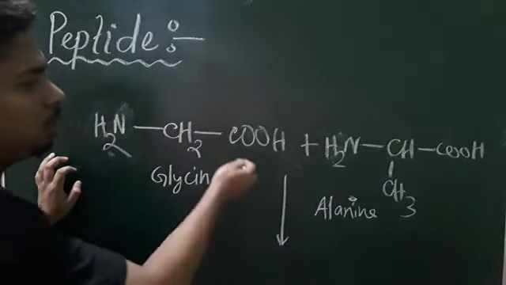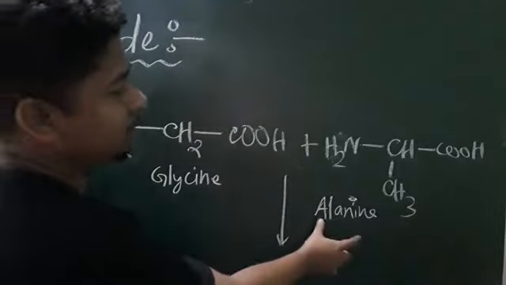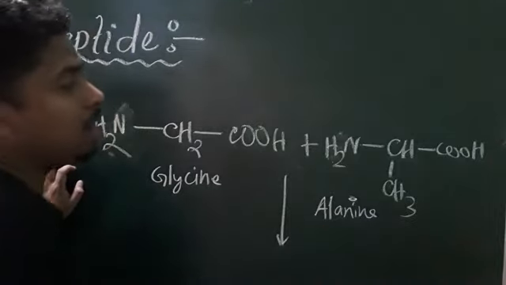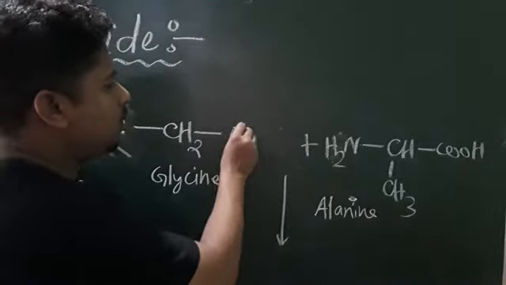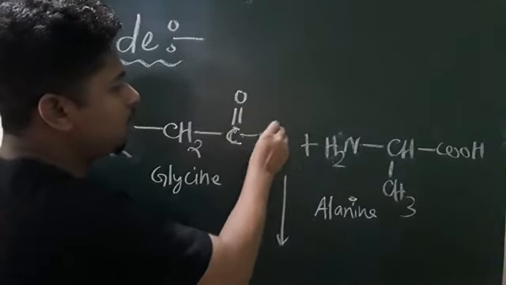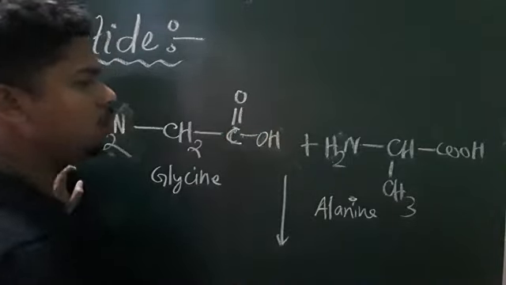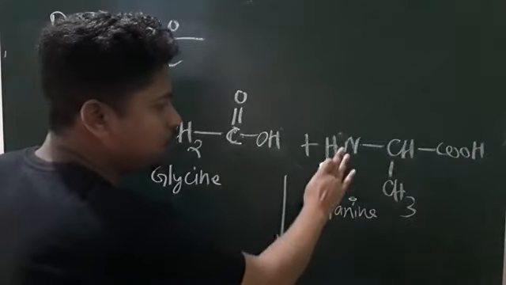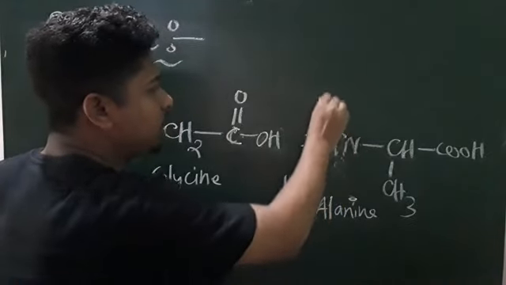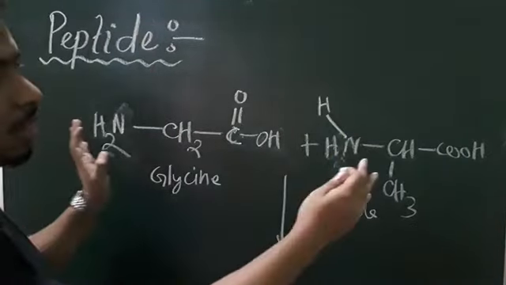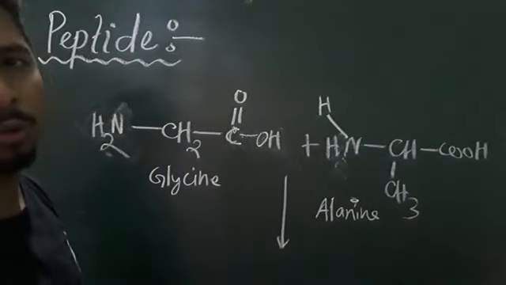When we condense glycine and alanine, this COOH we can write as C double bond OH, and this NH2 we can write as NH-H. When you condense these two molecules, there will be a release of a water molecule.